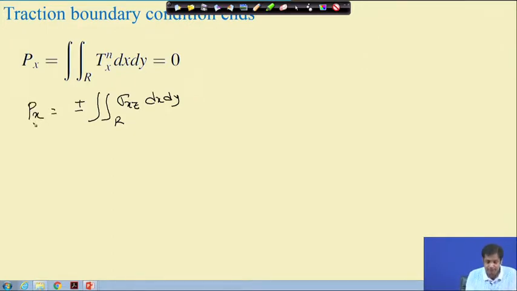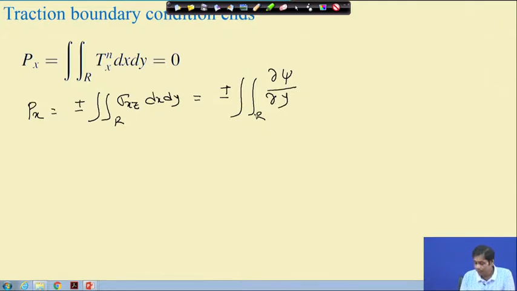This is Px. This condition needs to be proved, the first one. Okay. Now, let us substitute sigma xz by the definition of the stress function. So, this becomes plus or minus the integration over the entire cross section of del psi del y, and then dx dy, right.